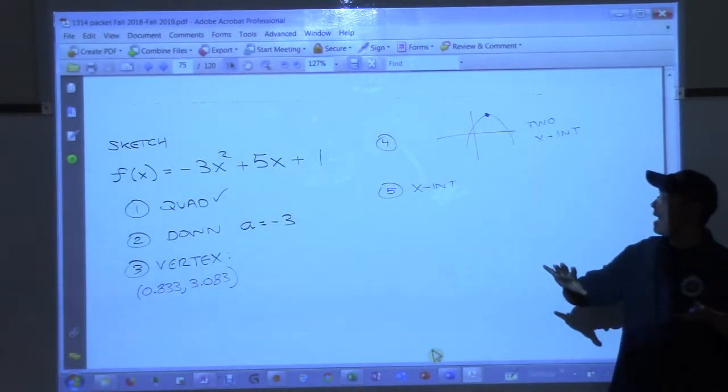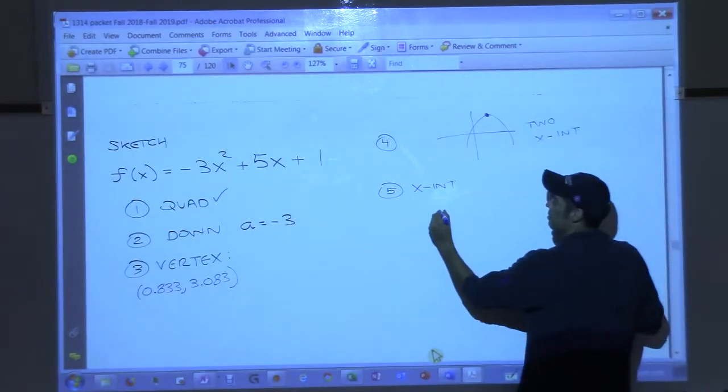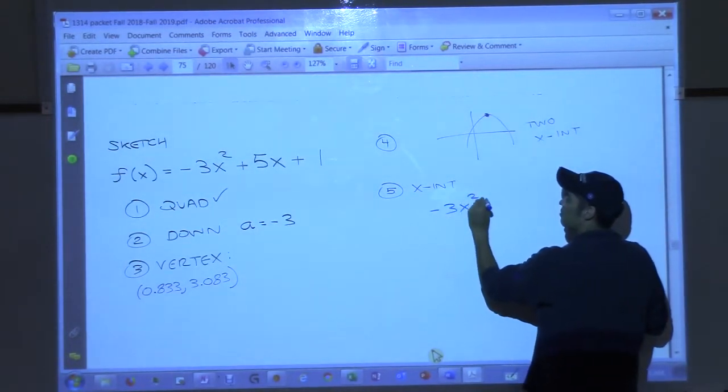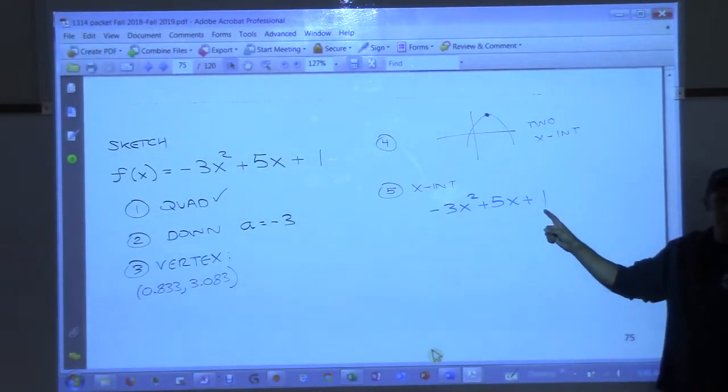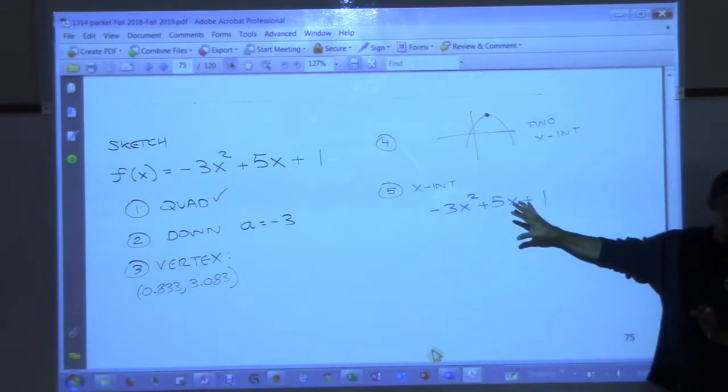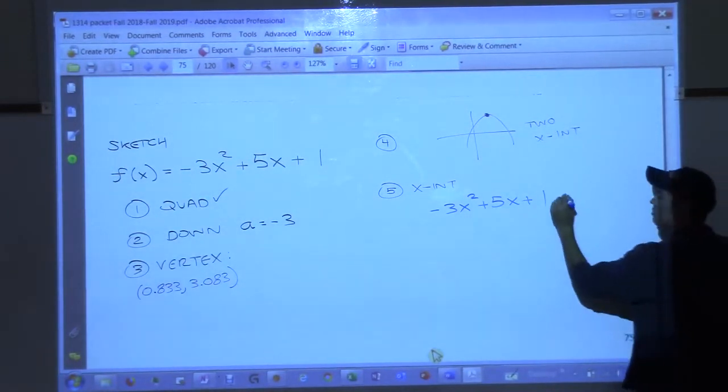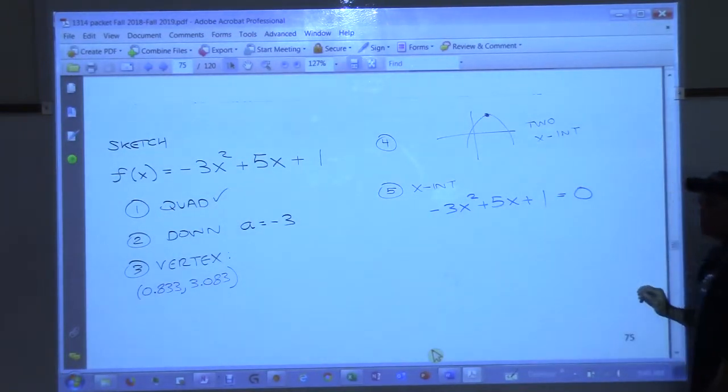Yes, we might factor it. We do take this, but we have to do something with it. Right now, this is just an expression. I have to make an equation out of it, right? Set it equal to 0. That's how you always find the x-intercepts of a quadratic.